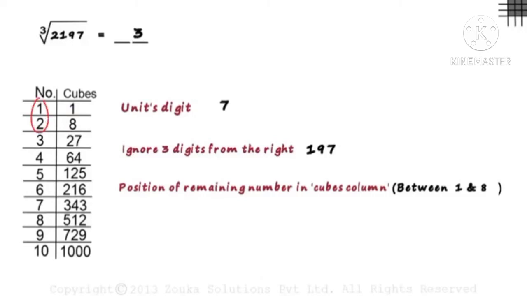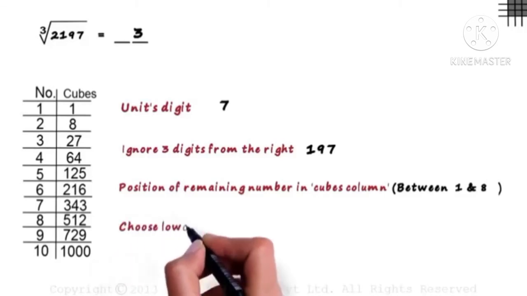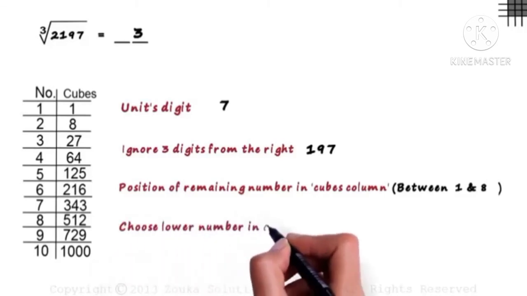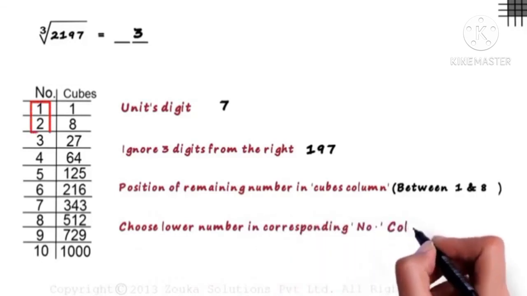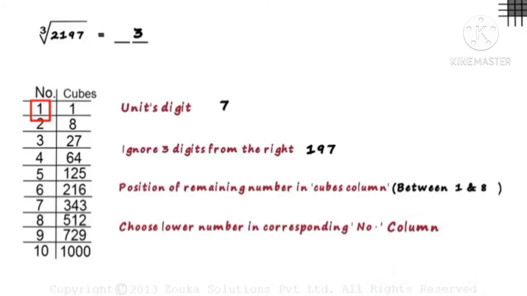The last step is very important. Now that we know where it is placed, we choose the lower number in the corresponding number column. The lower of 1 and 2 is 1. That's it. This is your tens digit. So, the cube root of 2197 is 13.